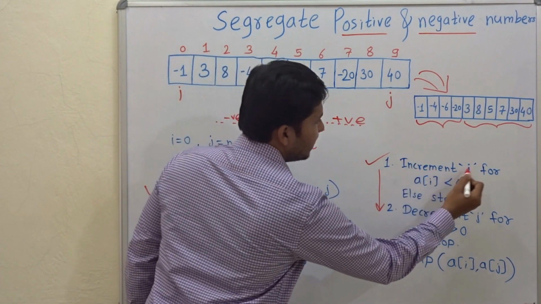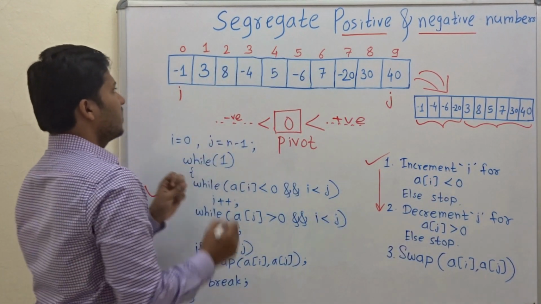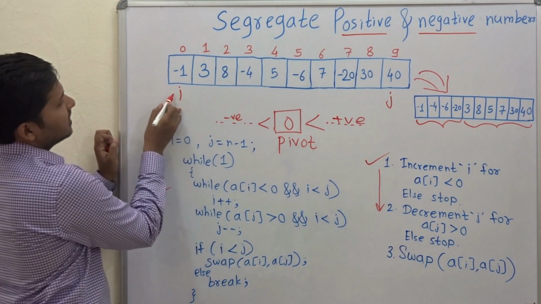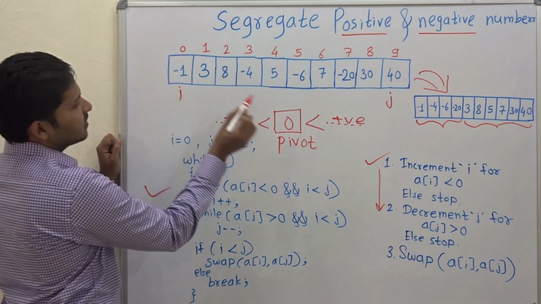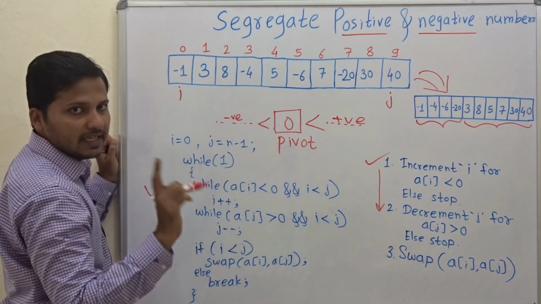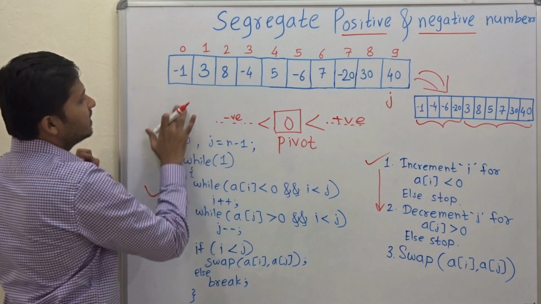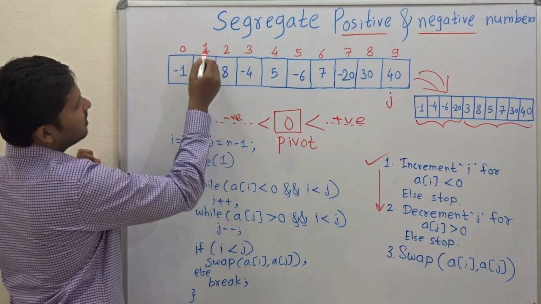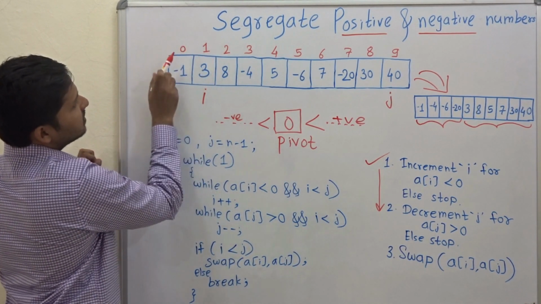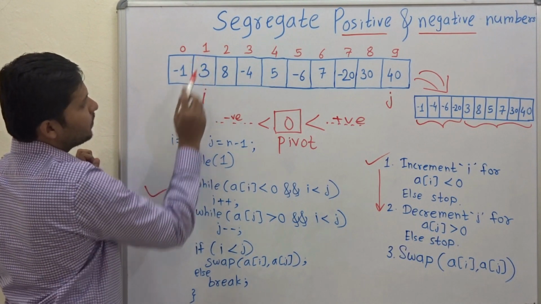See here, increment i for a of i less than 0. So check what is the element at the ith index now? -1. Is -1 less than 0? Yes, it is. So you have to increment i, so i will become 1 now. It was 0 at first, I have incremented it, so it has become 1 now.